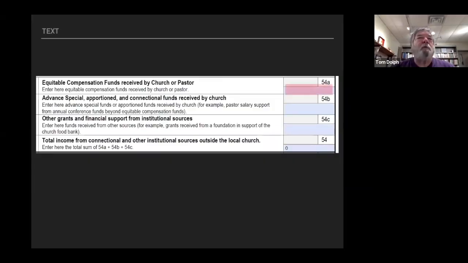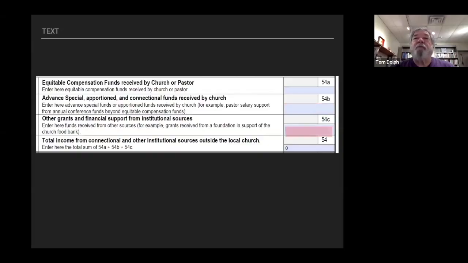We may have one or two churches that are receiving equitable comp funds. That is for pastor salary. If that's you, you'll know it. If you receive funds from the general church or from a grant from our conference, those forms would go here.